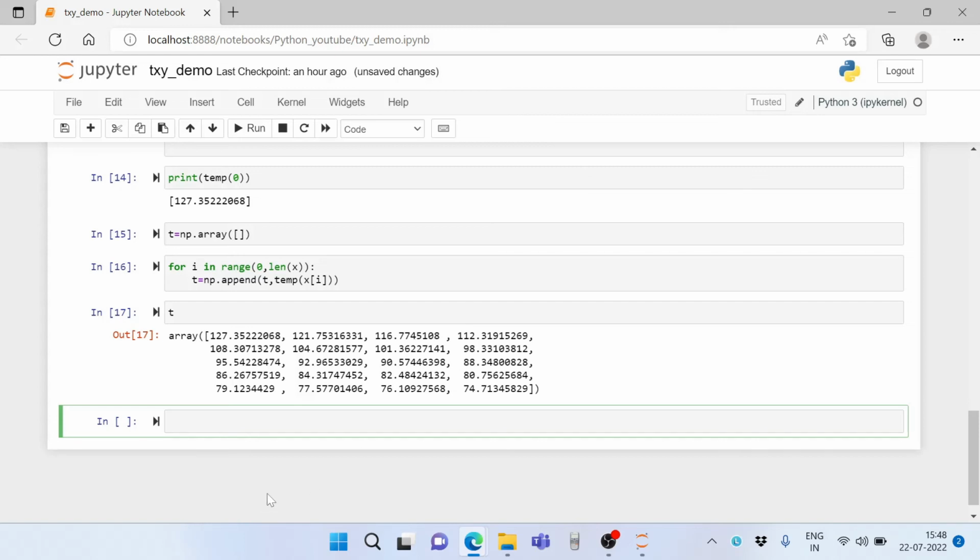Right. Now we need to find the value of the vapor phase concentration, that is Y. Okay, now how do we do it?